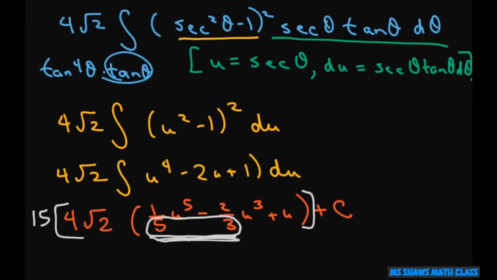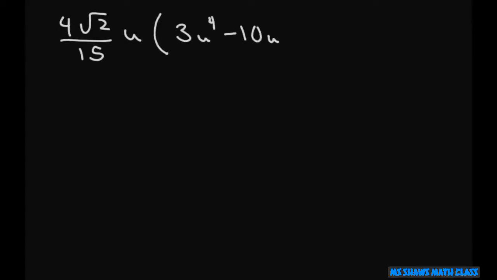Let's do it on the next sheet because I'm running out of room. Basically what you'll get is 4 square root of 2 divided by 15, and I'm going to factor out a u, and then I have 3u to the 4th minus 10u squared plus 15 plus c.